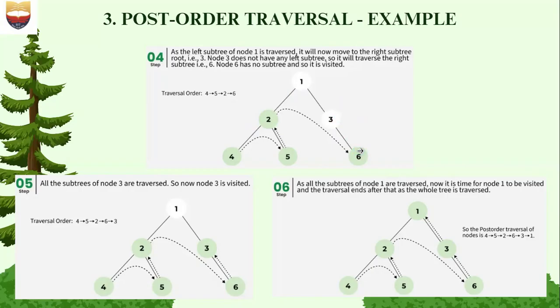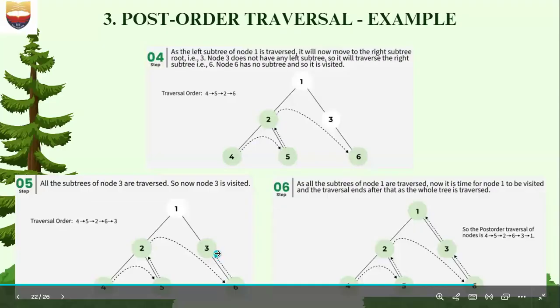Again, we have to start our traversal process from the leftmost child. Since the node 3 has no left child, we can move on to the right child directly. Okay, so in this step, 6 is visited. And after visiting 6, we come to 3. In step 5, 3 is visited.